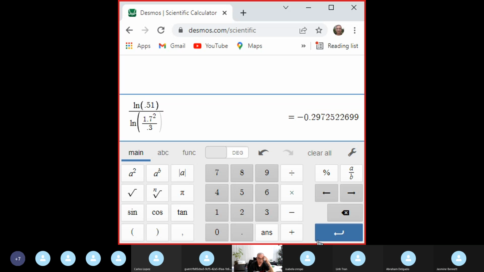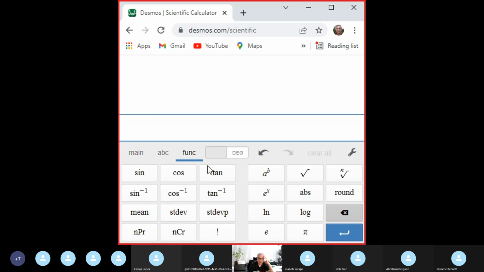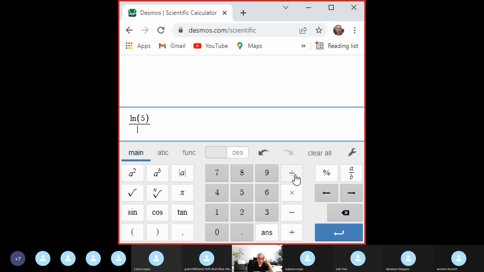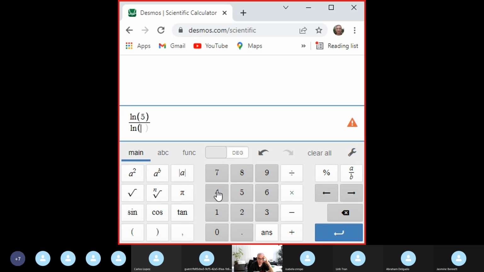Okay, it's logarithm of 5 divided by logarithm of 4, right? ln of 5 divided by ln of 4. It's 1.160. Yes, you are right. Actually, it's 1.1609. Entonces, after the 9 is 6. Es obvio que you round, it is 10.